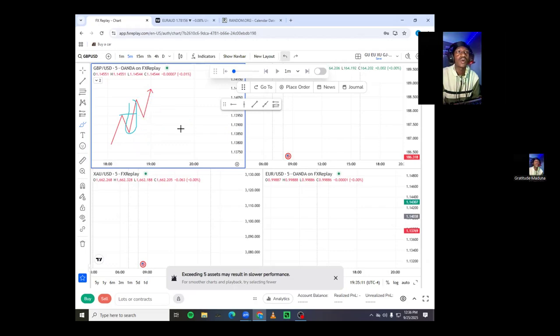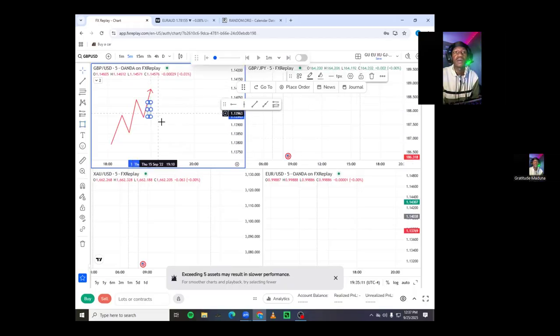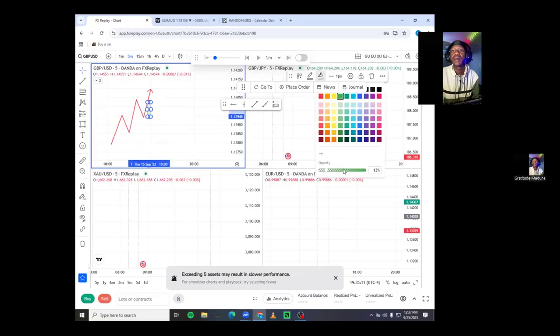So what do I mean in terms of chart direction? Let's say for instance we have this big move here. I want to color this, let's choose brown.